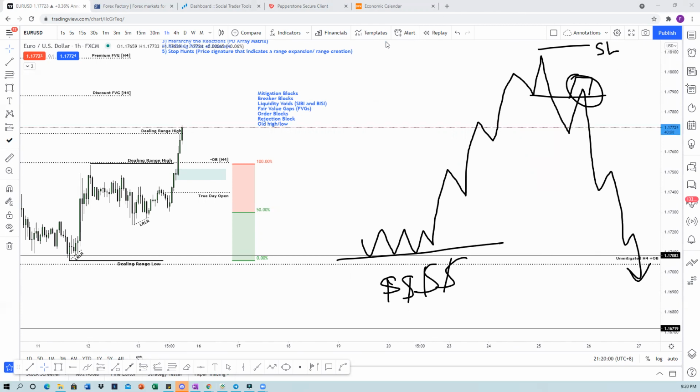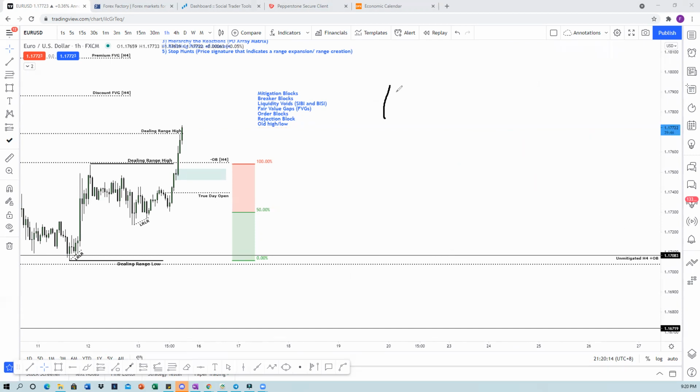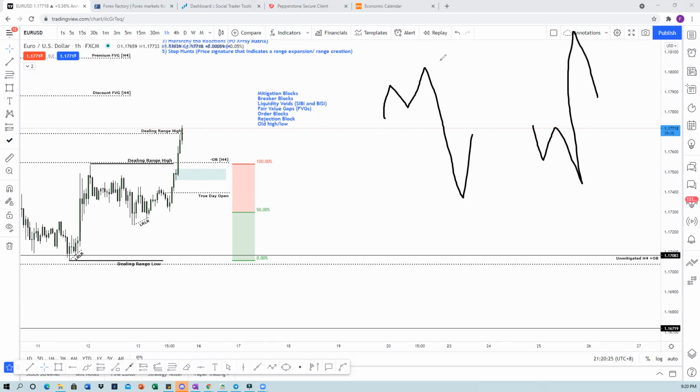Now, every breaker that you see, if you dive down to the lower time frame, what does this look like? What do these look like?